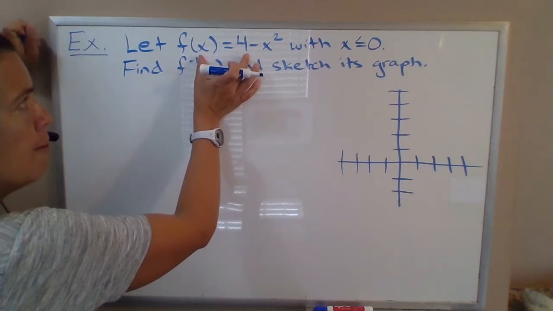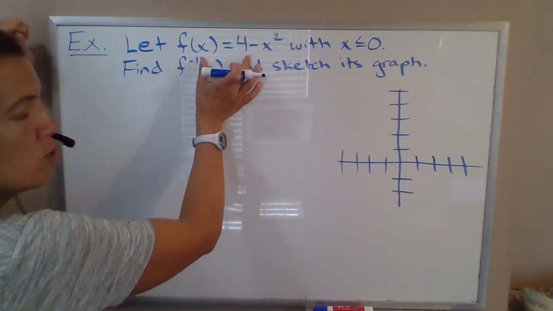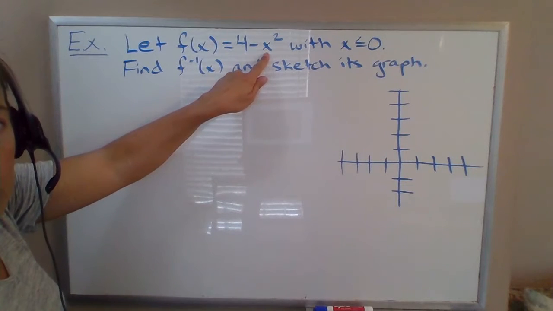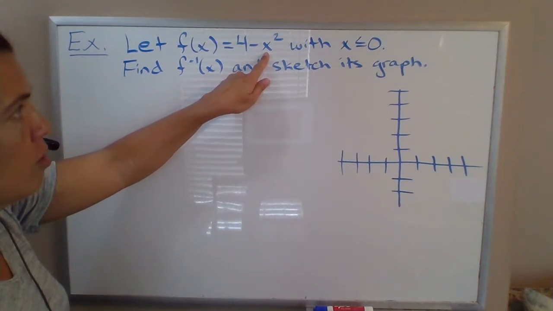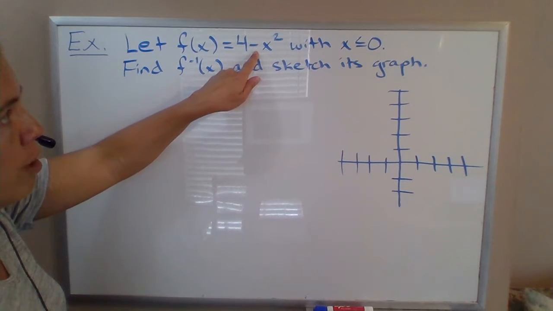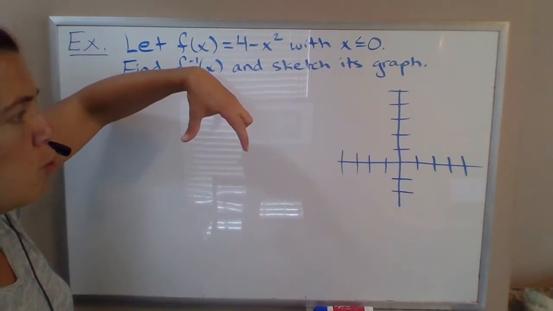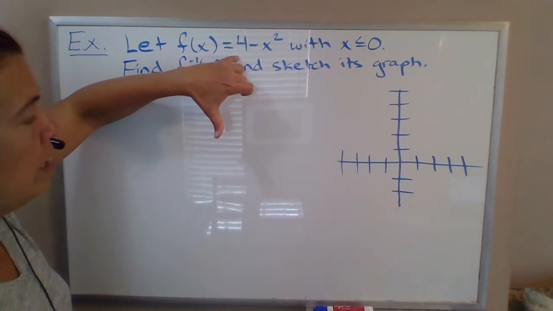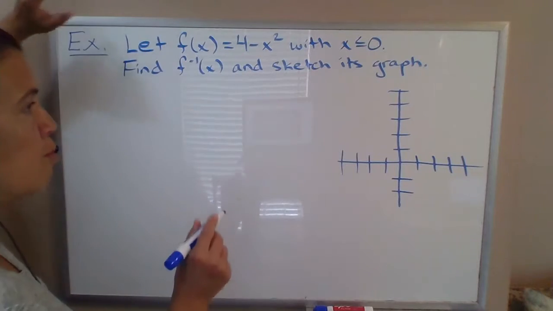If we think about the graph of f of x equals 4 minus x squared, it's a degree 2 polynomial. It's a quadratic function, so the graph is a parabola. And the fact that you have a negative number in front of the x squared tells us that the parabola opens downward. The positive 4 here is actually a vertical shift up 4.